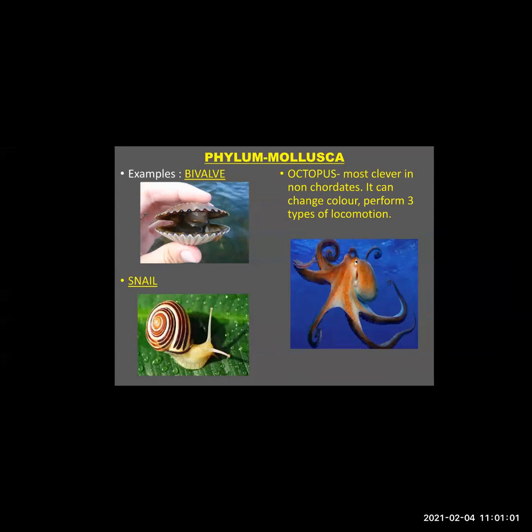So these are some of the important characteristics about phylum Mollusca. Next, we are going to start with the phylum Echinodermata. We have completed Arthropoda, we completed Mollusca. Let's begin with phylum Echinodermata.